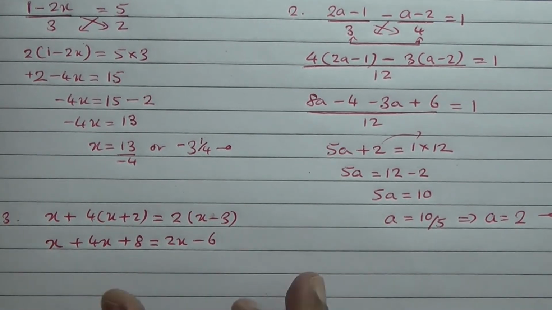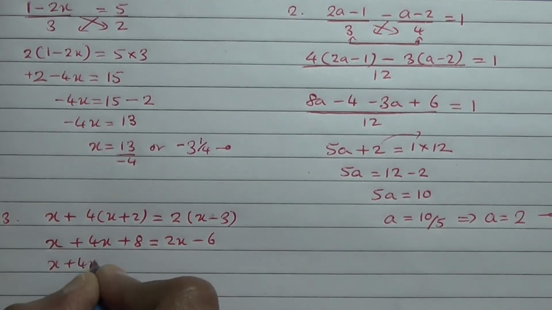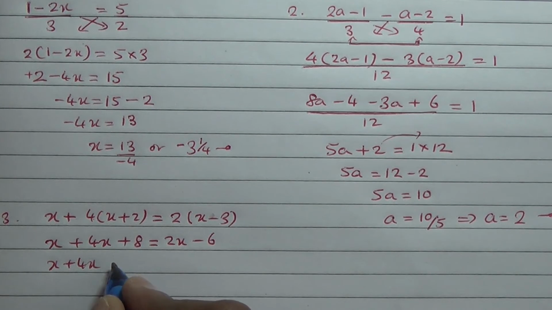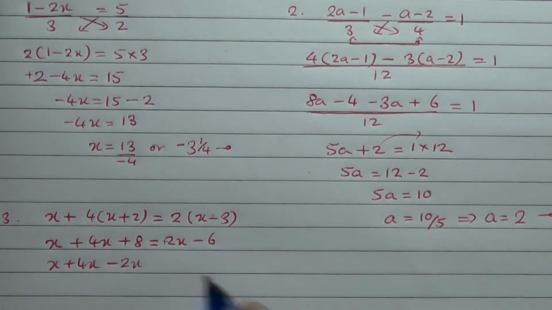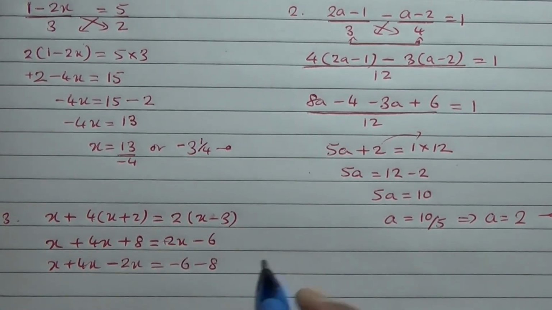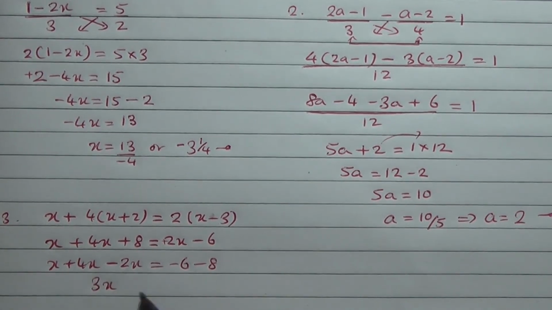Okay, you can group all the x on one side. You've got x plus 4x. You can send the plus 2x on this side here, becomes minus 2x. Remember, when there's nothing here, it means it's a plus. On the other side, you got the minus 6. The 8 can go there, becomes minus 8. So 5x minus 2x is 3x.